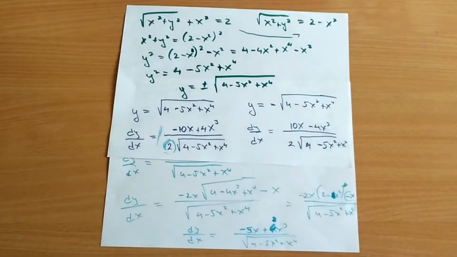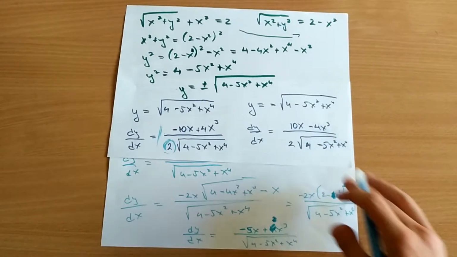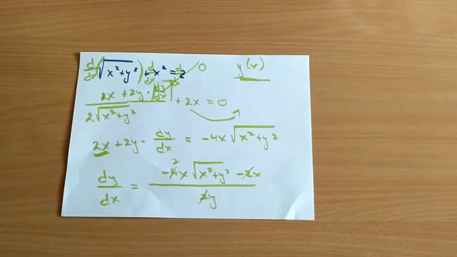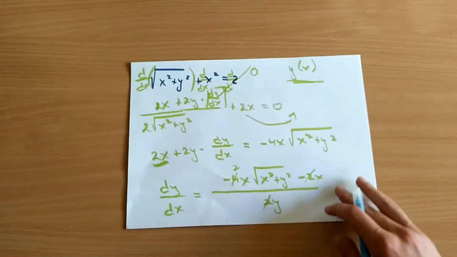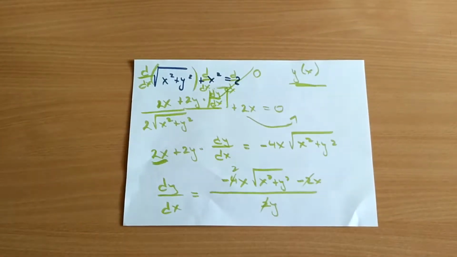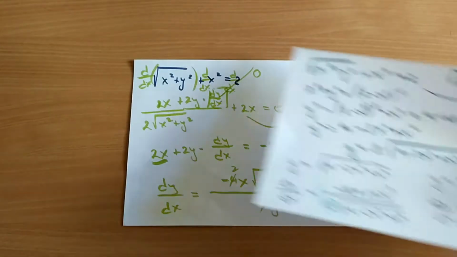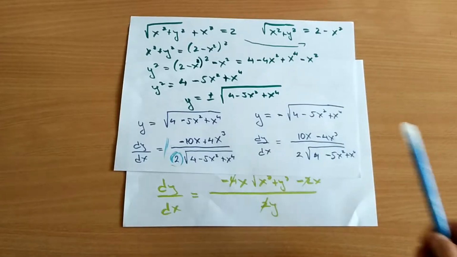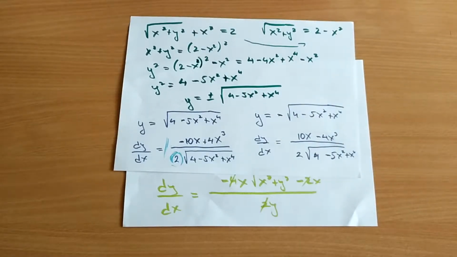Today I'm going to show you that if you replace y with the negative square root that we found when finding the explicit form of the function, you will get the same result as here, or that dy over dx is equal to 10 times x minus 4 x cubed over 2 times the square root of 4 minus 5x squared plus x to the fourth power.